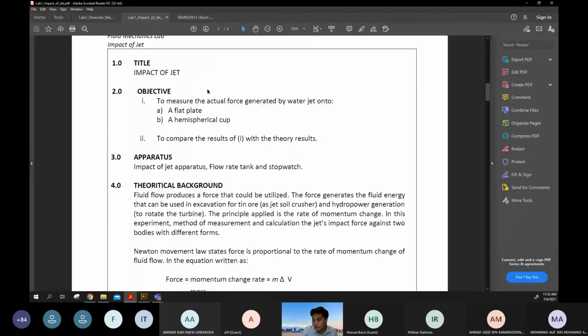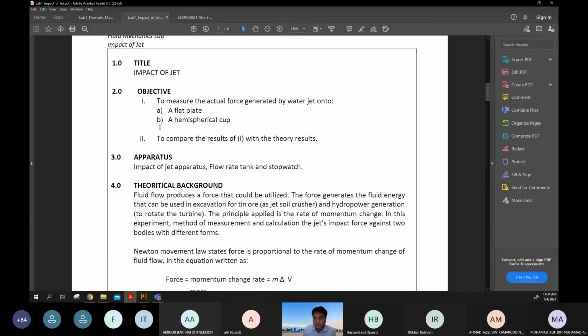The objective of this second experiment is to measure the actual force generated by a water jet onto, first, a flat plate. We have the flat plate, and then we have the nozzle impacting the flat plate. Secondly, the hemispherical cup like this, we have the nozzle with the water jet impacting this surface.